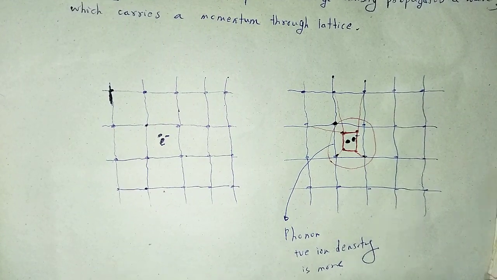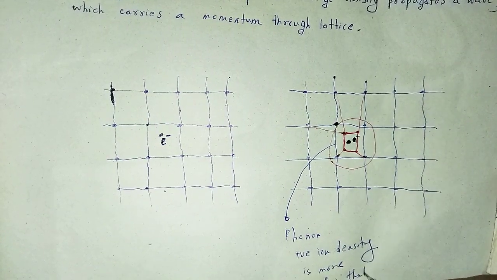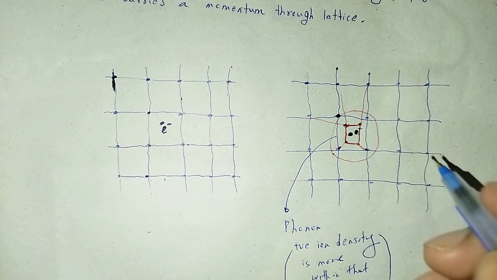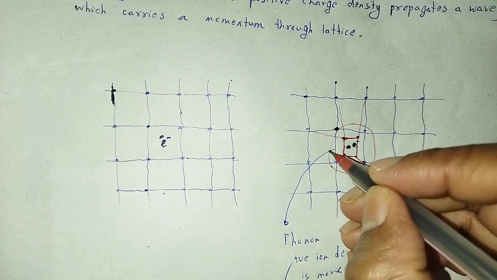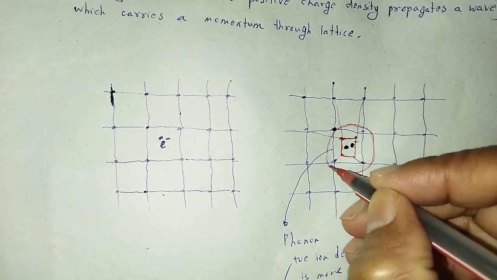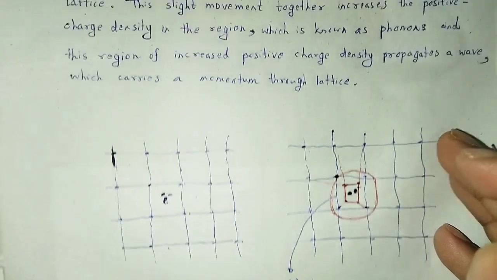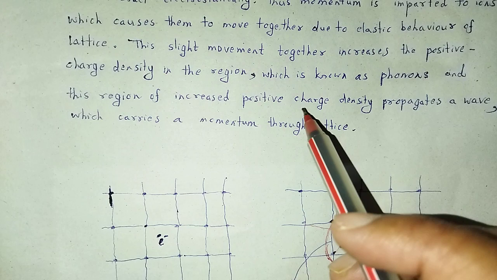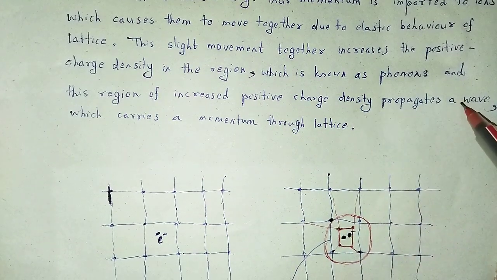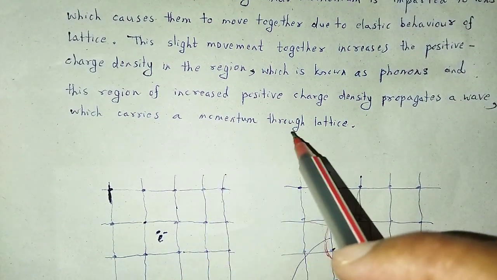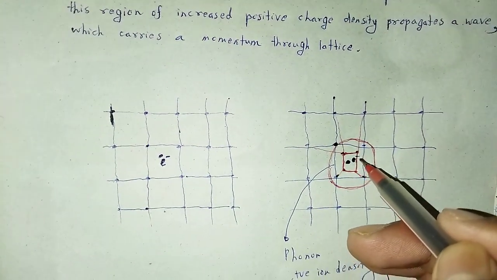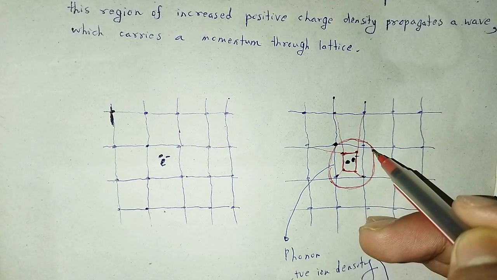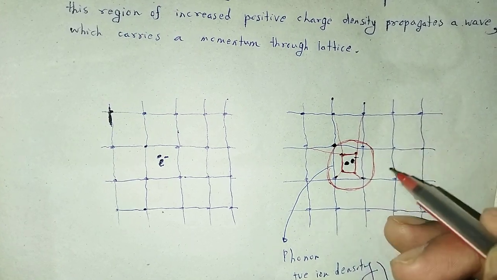In the region where positive ion density increases, the region of increased positive charge density propagates a wave which carries momentum through the lattice. Now it propagates a wave which carries momentum through the lattice.